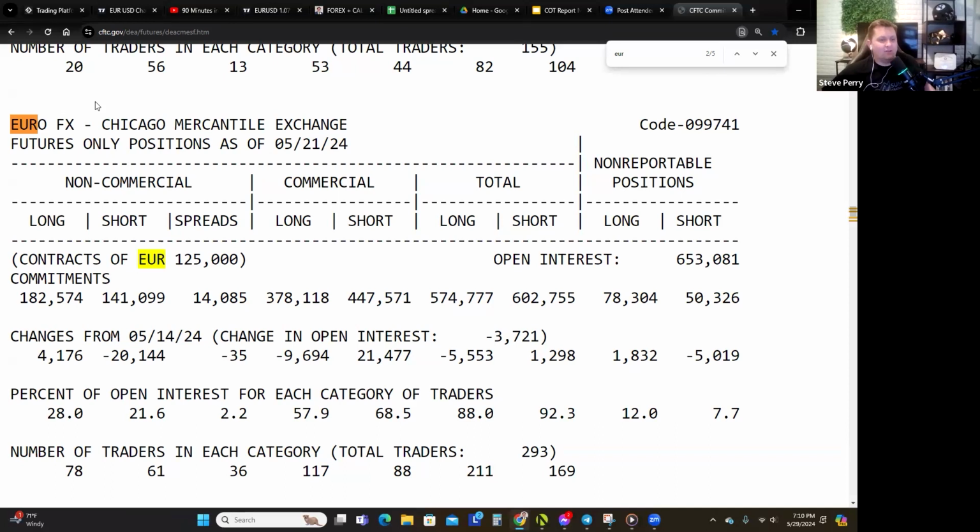So what we have to do is take the data for the euro specifically and isolate it here on the COT report and put it into our journals. I've got several spreadsheets that I use for the scanner. And then we also have the US dollar or the Australian dollar, and we take those and isolate those futures contracts.